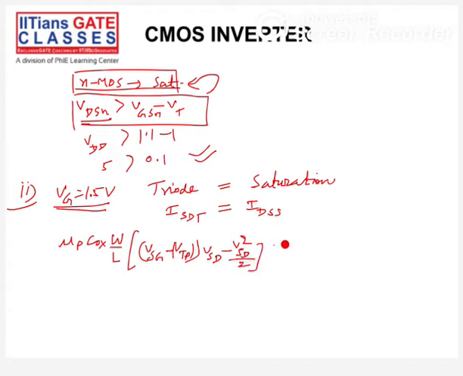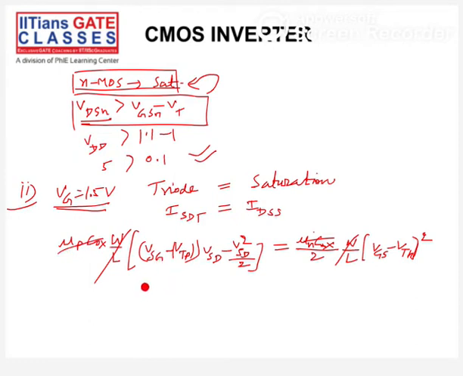This will be equal to mu n C oxide by 2 W by L into VGS minus VTN whole square. All values I can keep. W by L will be cancelled out. Mu n and mu P will be cancelled out. There is no problem in this.